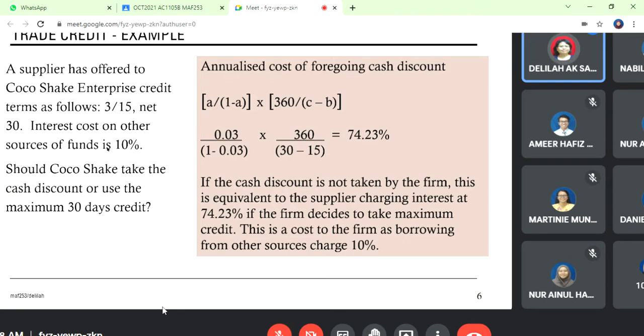The interest if we borrow from another place, for example a bank or a licensed money lender.